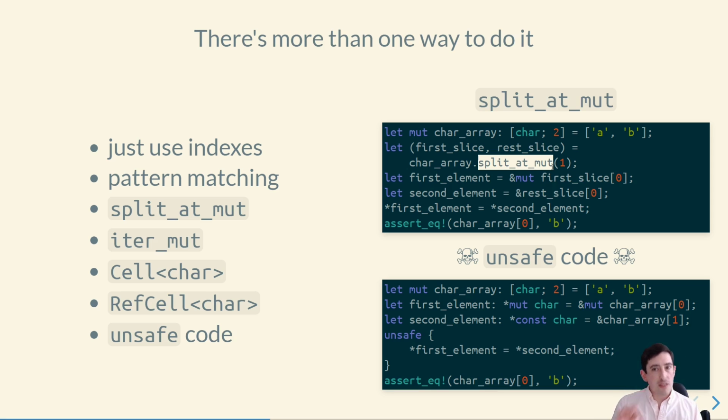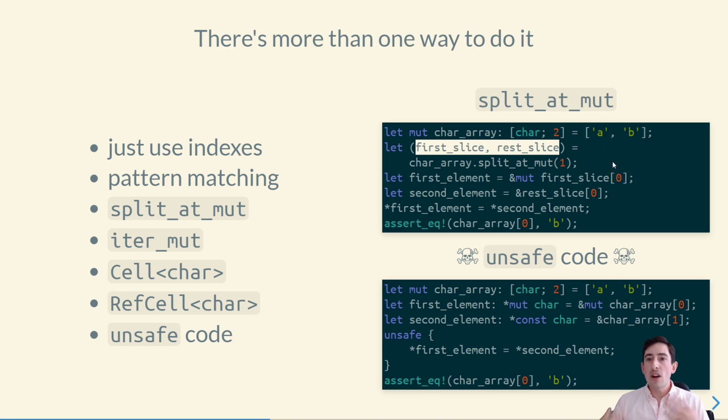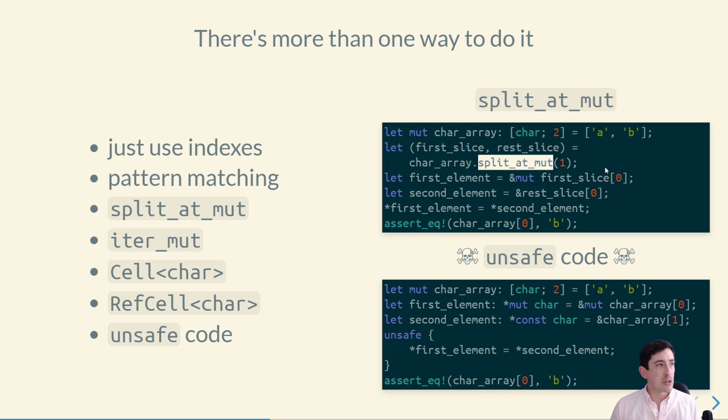It's going to have a little bit of unsafe code in there, and it's going to check, for example, that this index is in bounds, and if that index makes no sense and is out of bounds for the array, it'll panic. And it knows that once it's checked that it's in bounds, it's going to safely construct two slices that clearly don't overlap. So it knows what it's doing is safe. It does it with unsafe code. And then when it returns these references back to the caller, we're in kind of safe space again, and the Rust compiler can see that we can use these two references safely. This unsafe code inside split_at_mut is encapsulated, basically.